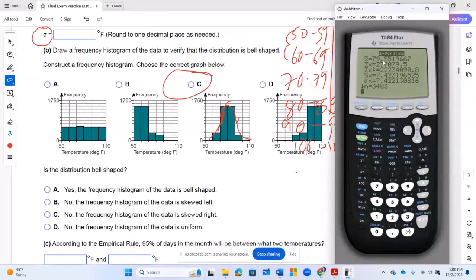The mean is 79.6. Let me see what the median is. The median is 75.5. So I can conclude that the data is not exactly bell-shaped, but it's approximately bell-shaped.